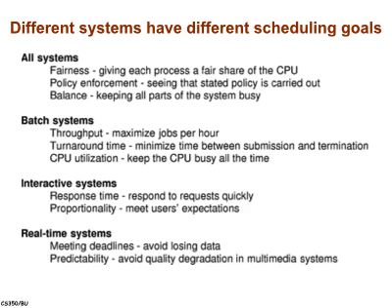Here the criteria could be throughput, turnaround time, CPU utilization, and so on. For interactive systems such as general purpose desktops or mobile phones, you look at response time and proportionality, which is more subjective. Proportionality means whether you meet users' expectations, and sometimes meeting users' expectations can be a very subjective criterion.